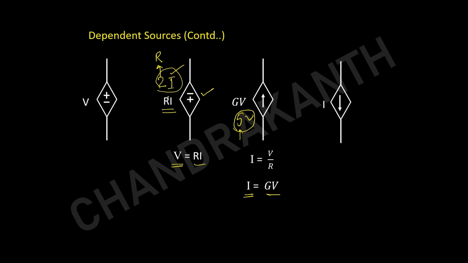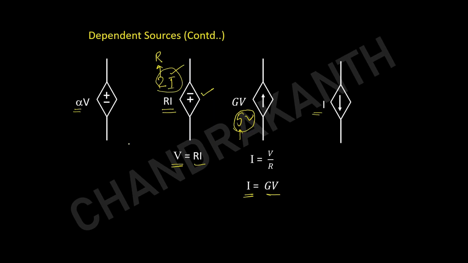Now what about these things? To bring uniformity across the representations of the dependent sources, we are bringing some constants here also. Those will not have any meaning, it is just a constant value.